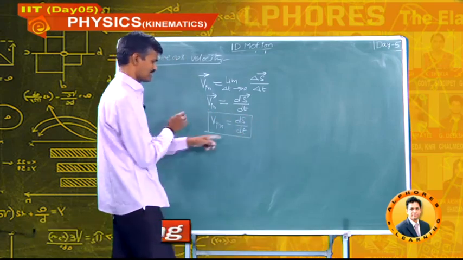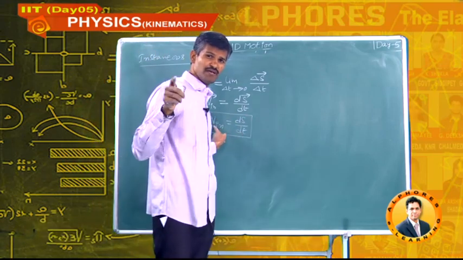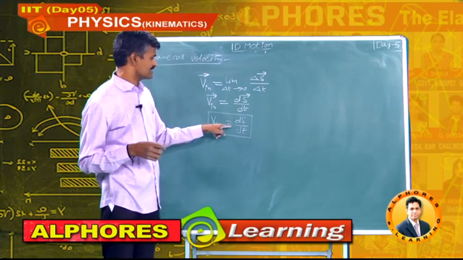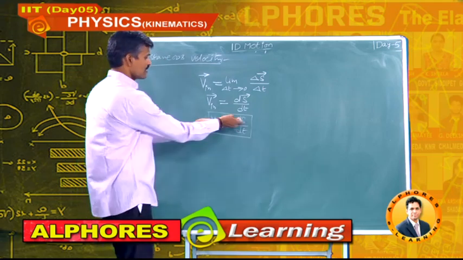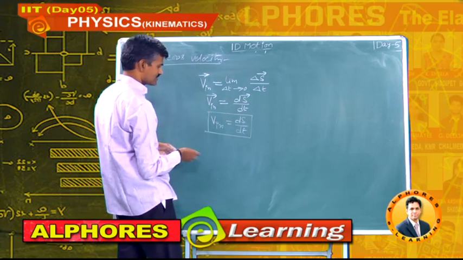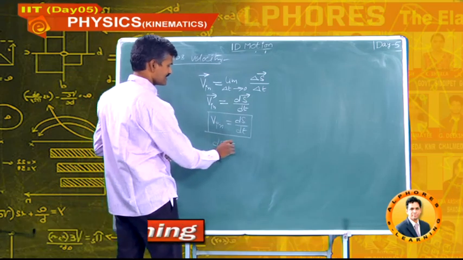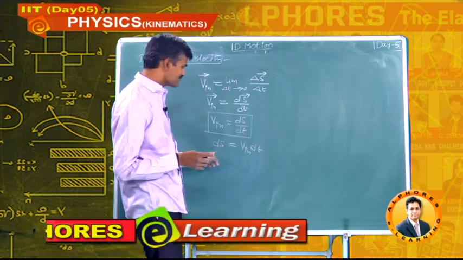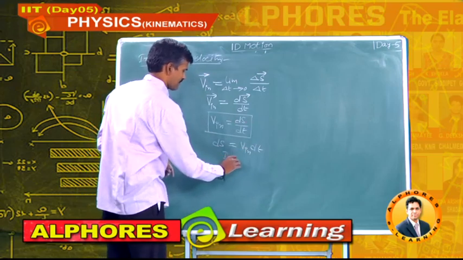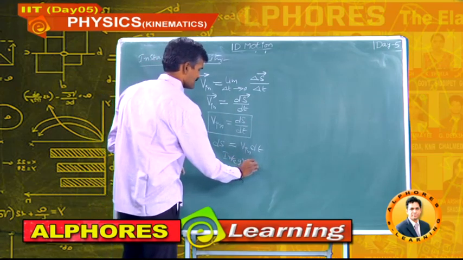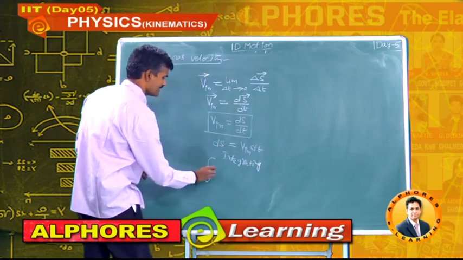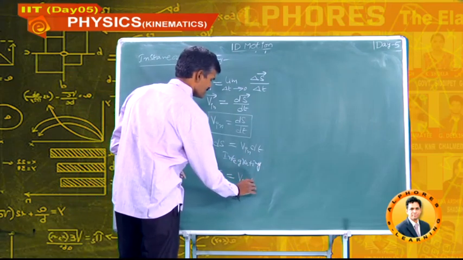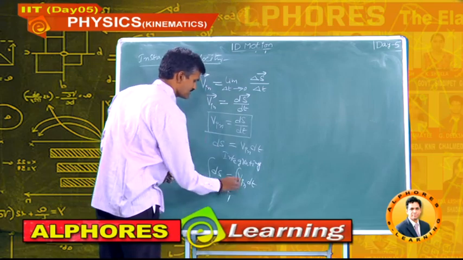There are so many problems related to this formula. They are very important for mains and advanced exams. So, this is V_inst, that is ds by dt. On taking dt to the right side, ds can be written as V_inst into dt. On integrating both sides, integral ds is integral V_inst into dt, with time going from t1 to t2.